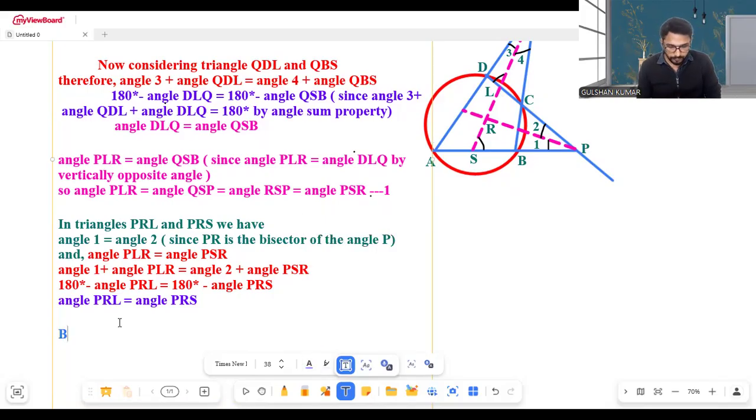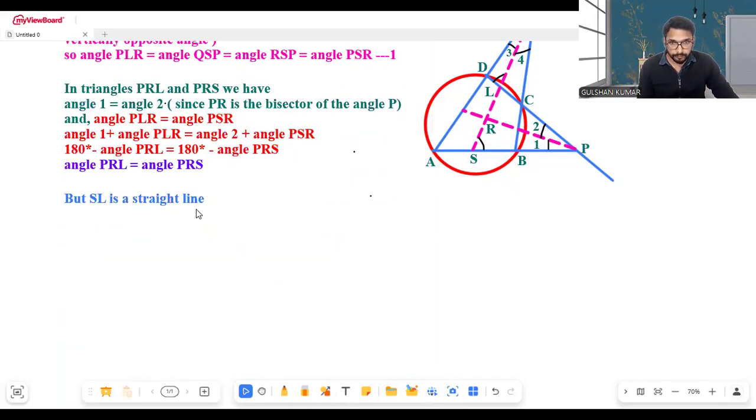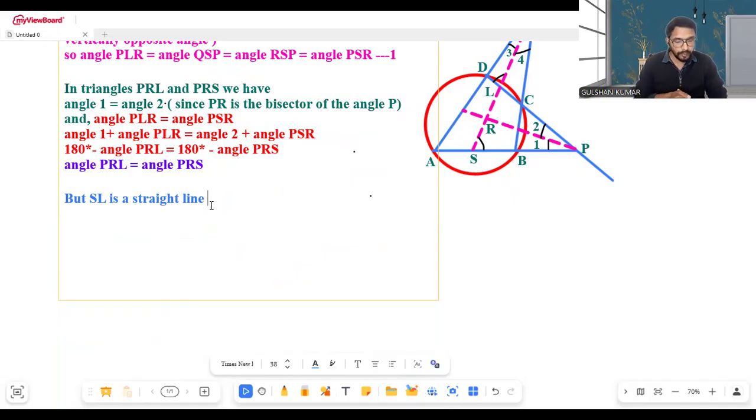Now, but SL is a straight line. Which one? This one. SL is a straight line. So basically, this is a straight line. That's why we are using the linear pair.